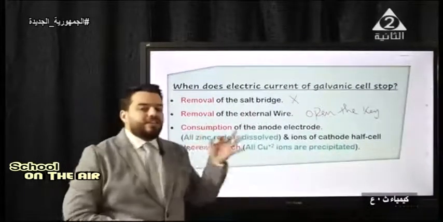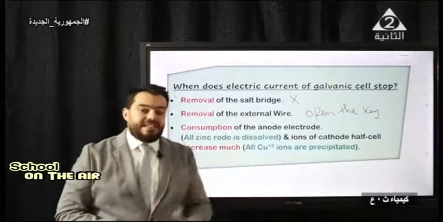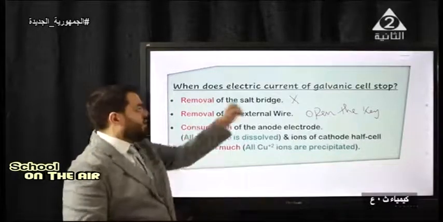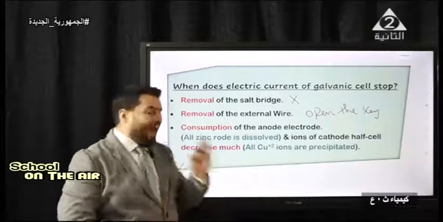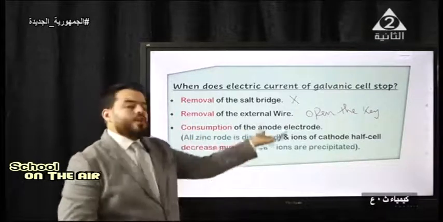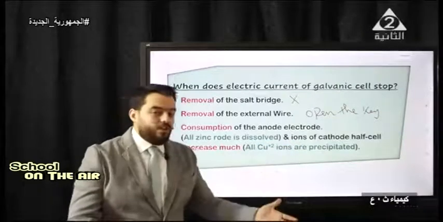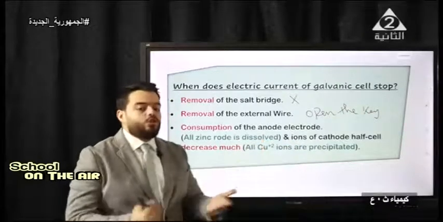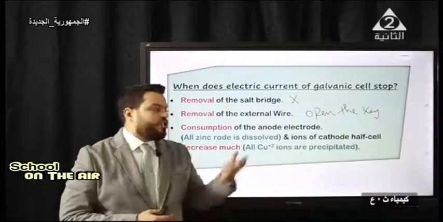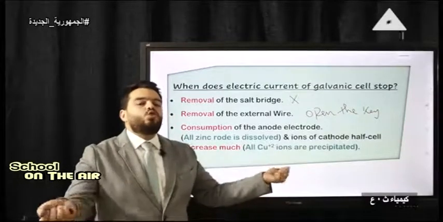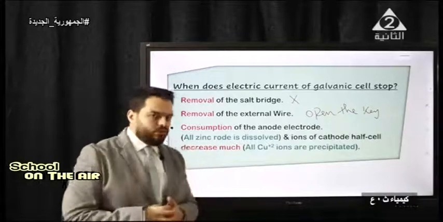So you have three reasons that will stop the electric current in the galvanic cell. First, removal of the salt bridge; second, removal of the external wire; and third, the consumption of the electrode. So all zinc is dissolved, no other zinc will dissolve to lose electrons, or all copper ions are precipitated, so there are no copper positive 2 ions to gain the electrons.